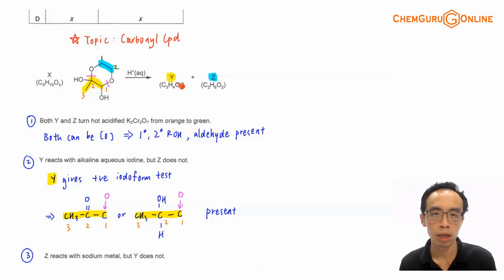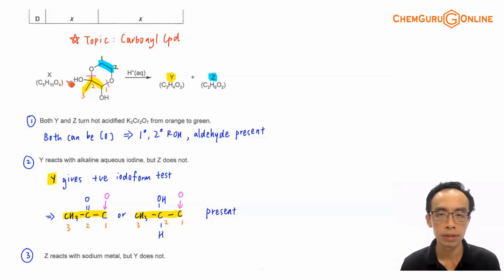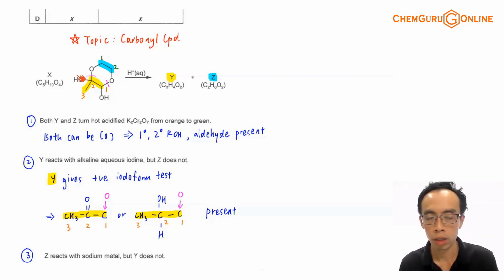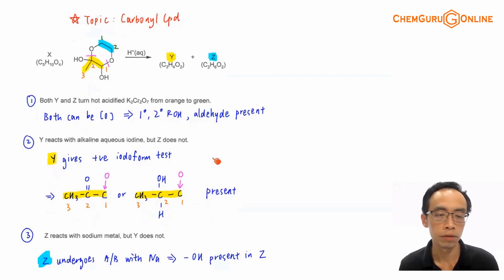Later we will figure out what the functional group is. But at least we should be able to figure out that if I split X, which has 5 carbons, into 2 fragments, one containing 2 carbons with 2 oxygens and one containing 3 carbons also with 2 oxygens, then the bond we should consider breaking is what I've shown here. So it's not that difficult for us to do a bit of figuring out.